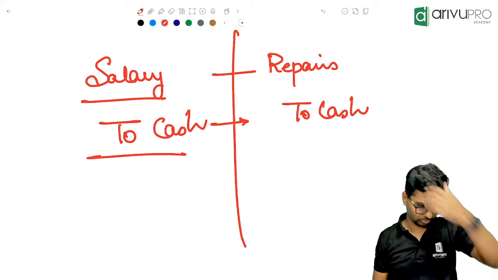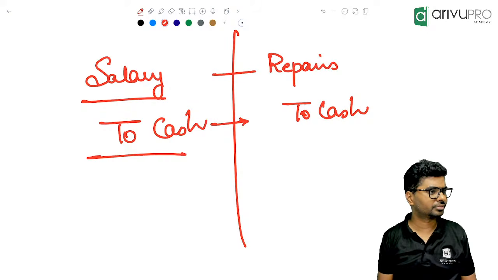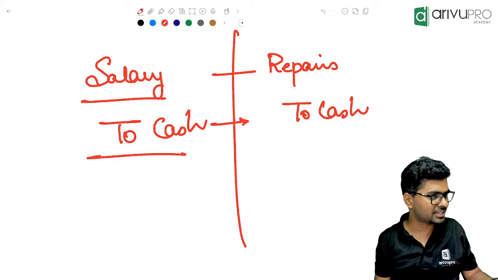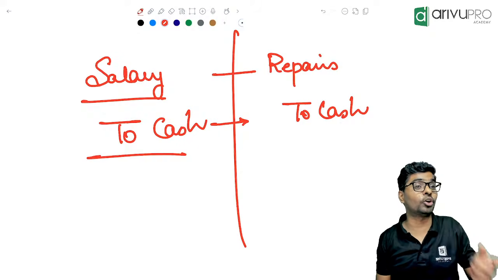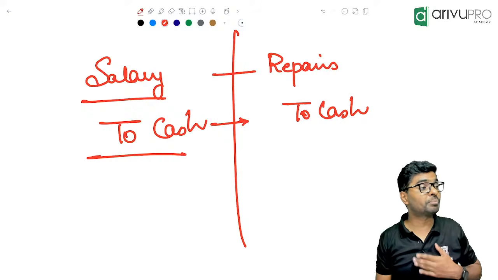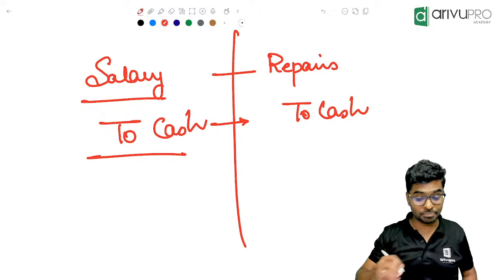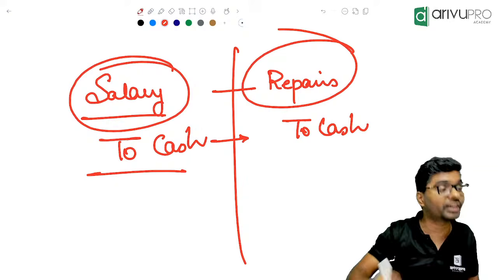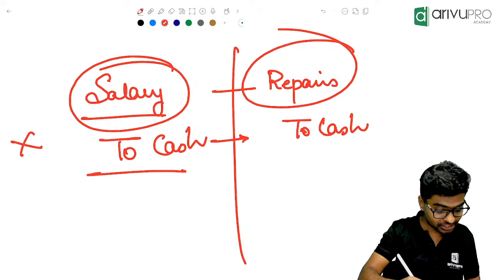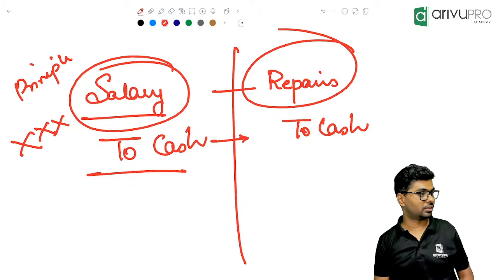Now, tell me logically, will my profits change? Salary is also an expense. Repair also is an expense. Something I have written in expense, but not in the right name. But my profit, is it remaining the same? So that means my amount which was in P&L was recorded in the P&L only. This is not an error of principle.